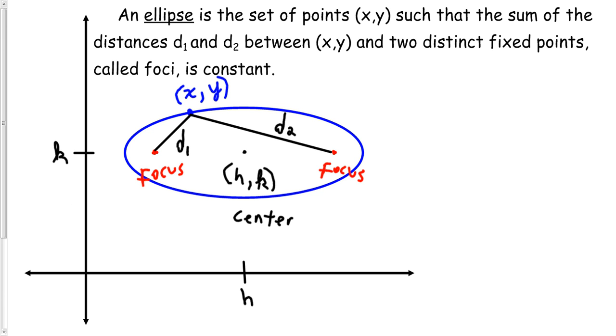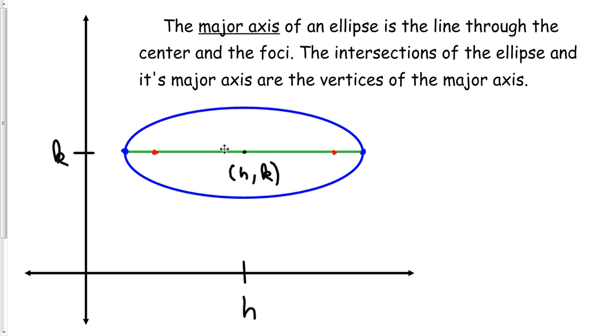constant. All right. So there's some terminology we want to look at, and also some geometric relationships. The first one is the major axis of the ellipse. The major axis of an ellipse is a line that goes through the center of the ellipse. The center is at (h, k).